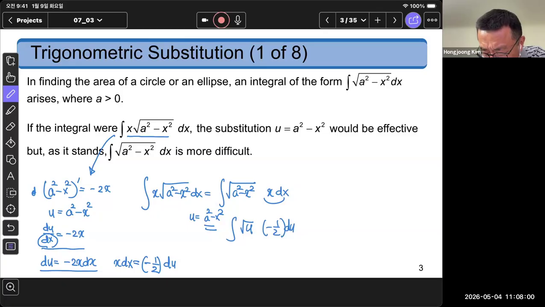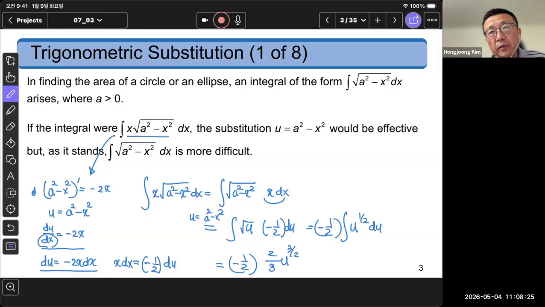So we get negative 1/2 times the integral of u to the 1/2 du. So negative 1/2 times 2/3 times u to the 3/2, right?